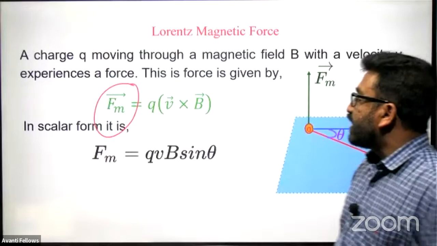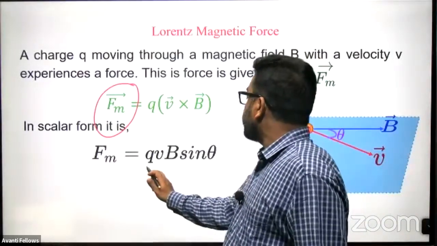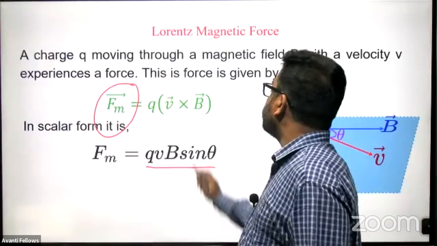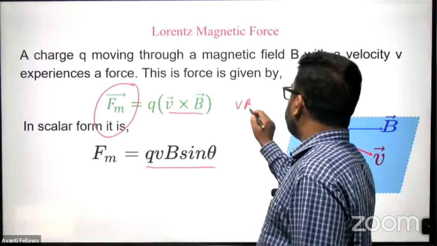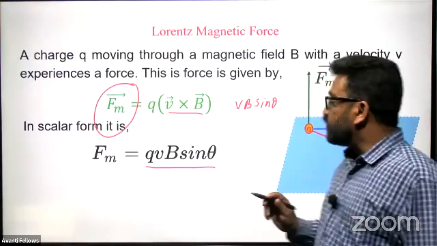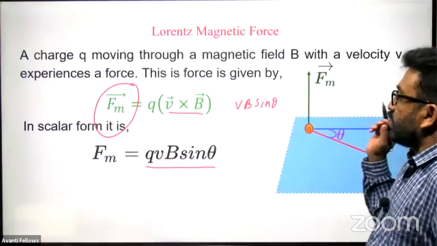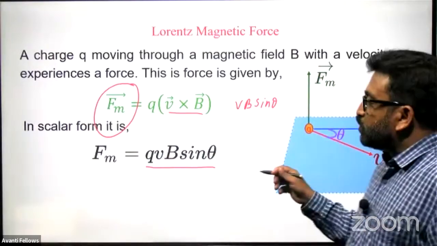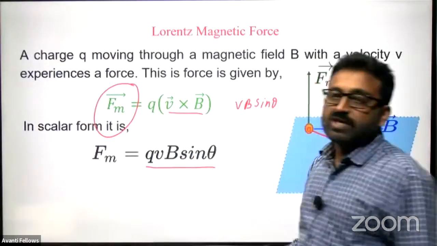When we write it in scalar form, that means without any direction, we can directly write it as QVB sine theta, because V cross B is equal to VB sine theta. So we can write Fm, the force experienced by a charged particle when it is moving in a magnetic field B, equal to QVB sine theta.